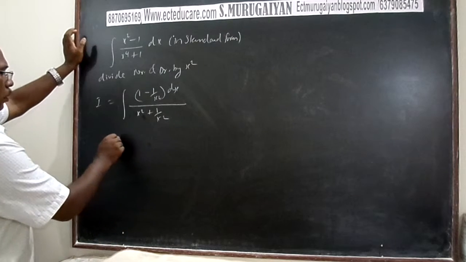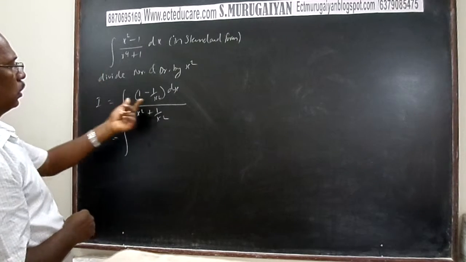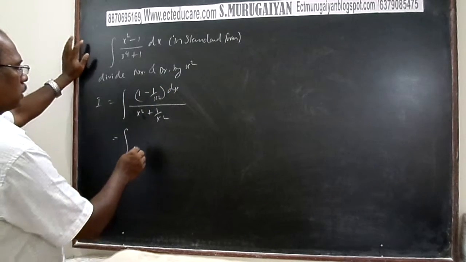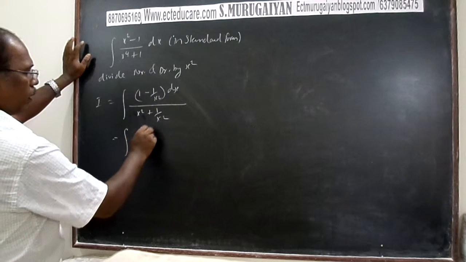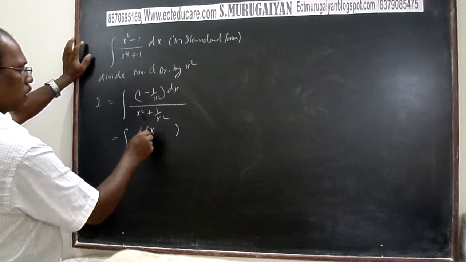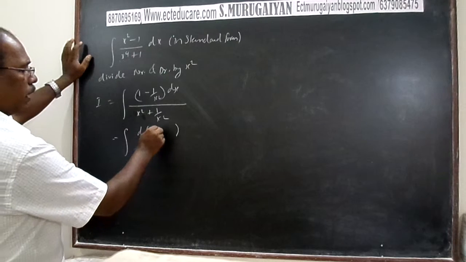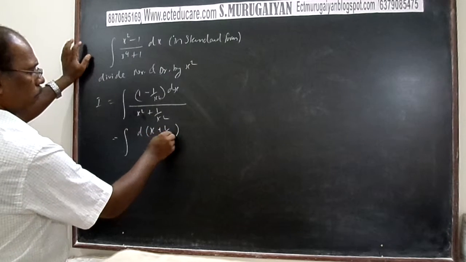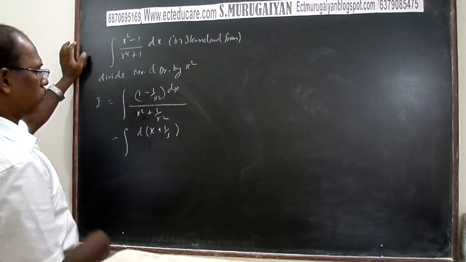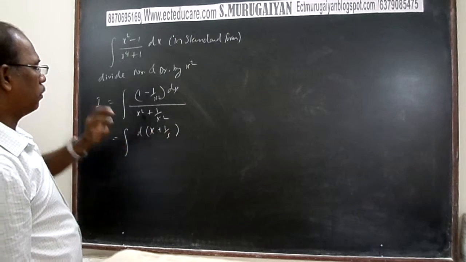Okay, you know what to do? Write the numerator as an antiderivative. The derivative of x is 1 and the derivative of 1 by x is minus 1 by x square. So we take x plus 1 by x.